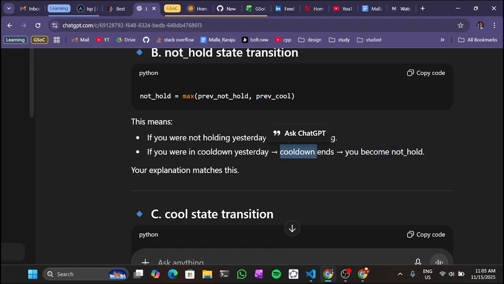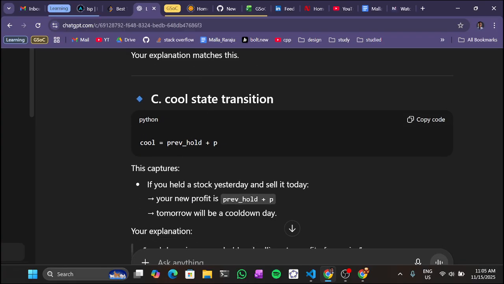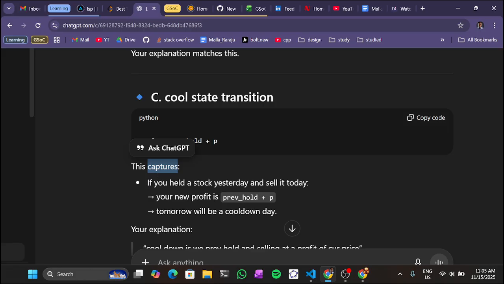If you are in a cooldown period yesterday, then today cooldown is over and you are moved to not hold state. If you had a stock yesterday and sell it today, your new profit is the previous holding value plus current profit. Okay.